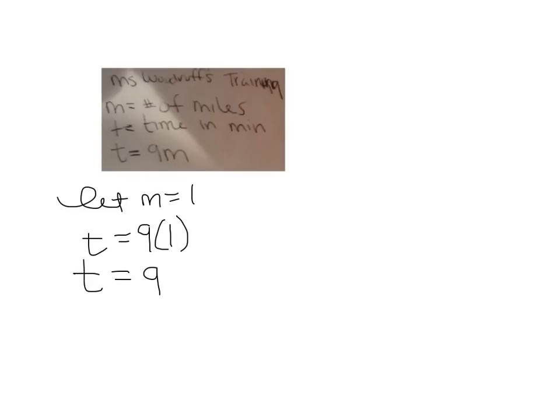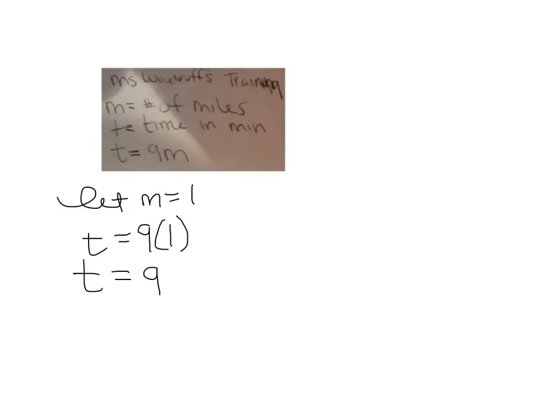So I think one way that I have found to understand the relationship between miles and time is just substitute something in. So I'm going to substitute 1 in for miles. If I substitute 1 in for the number of miles, then I get the time equals 9 minutes. So when m equals 1, t equals 9.